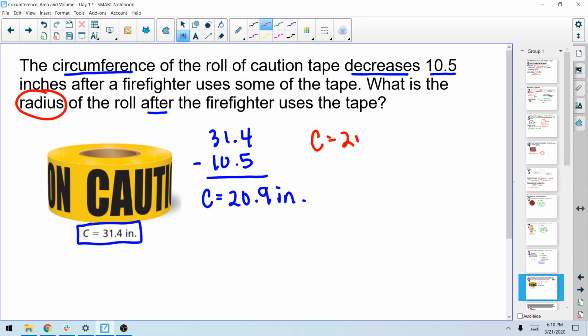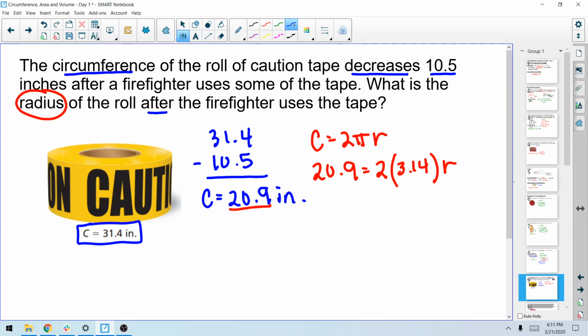Circumference equals 2 pi r. Well, I know the circumference is 20.9. So instead of C, I can substitute 20.9 equals 2 times pi, which we're going to use 3.14, times radius.